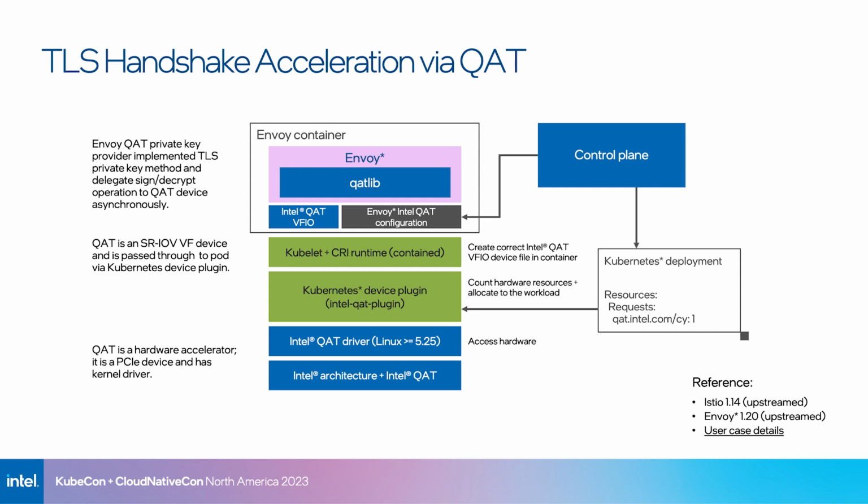In a Kubernetes environment, the QAT device plugin will pass through QAT virtual functions to the workload pod. The Envoy QAT private key provider implements the TLS private key method and delegates the sign and decrypt operations to the QAT device asynchronously. This frees up CPU cycles and boosts overall performance. But TLS acceleration can be achieved through yet another method, right, Iris?